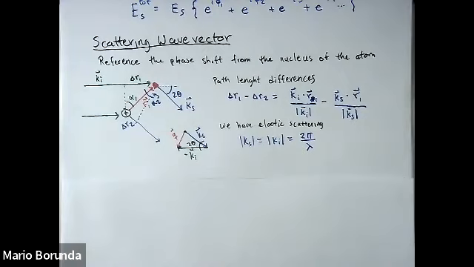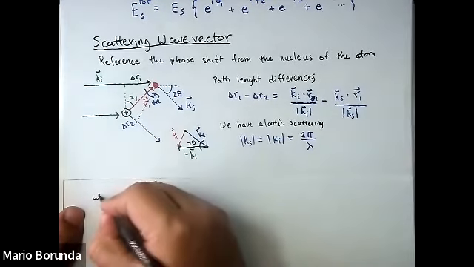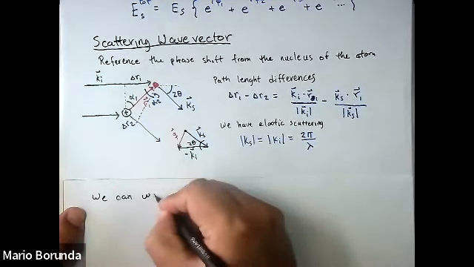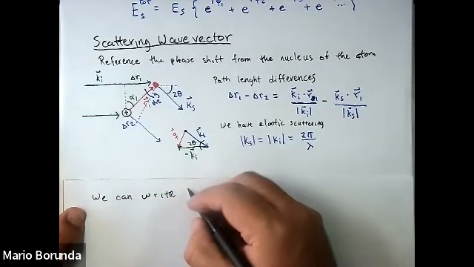Or you could have that the light comes in, creates a phonon and an outgoing radiation, and the outgoing radiation is less than the incoming one because it created this phonon. So all of those do happen. All right, so because we know this, we can now write the phase difference.